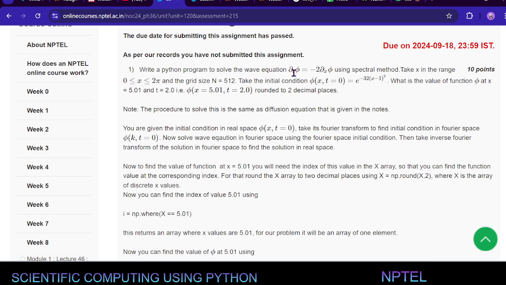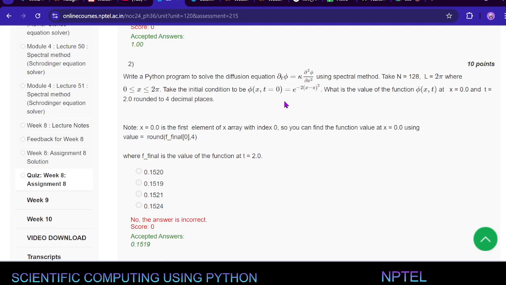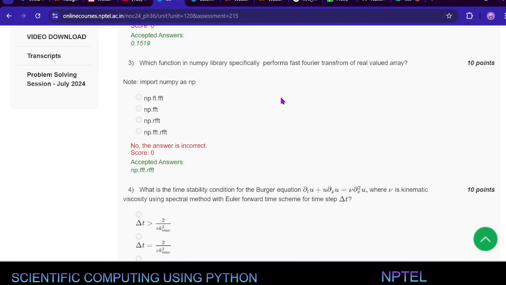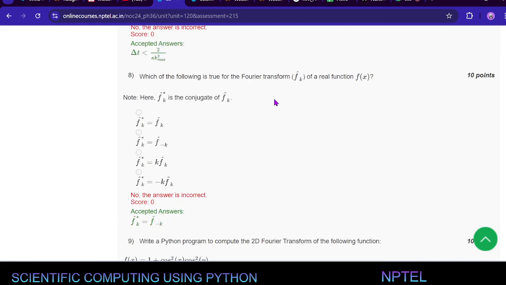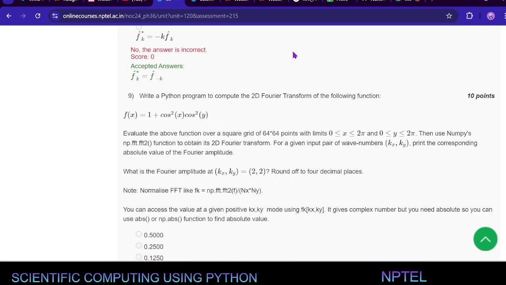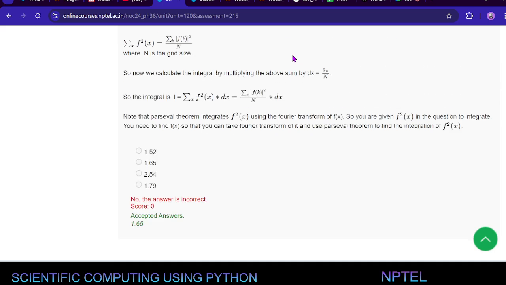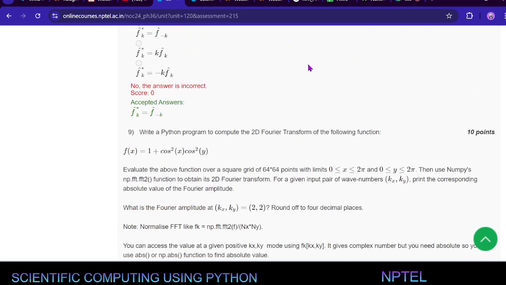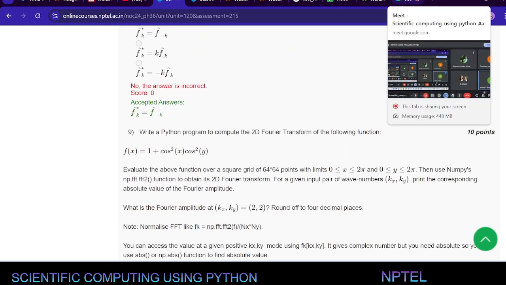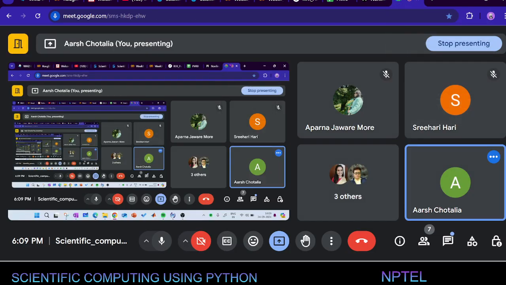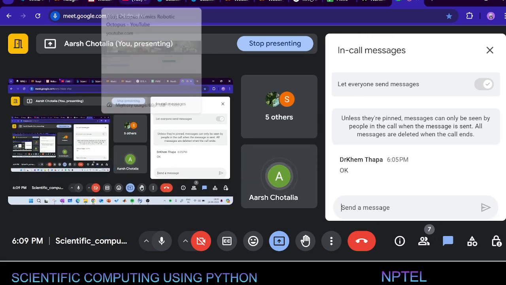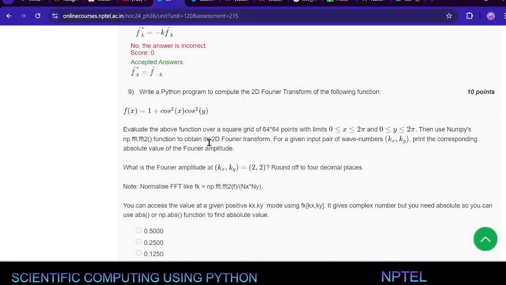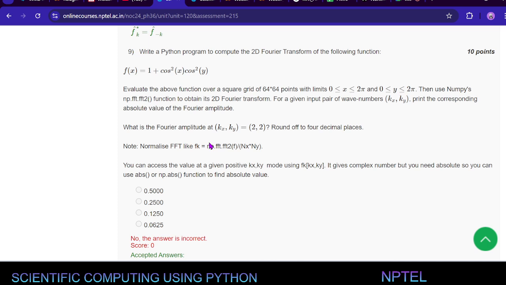There is one on the wave equation, one on diffusion equation, one on 2D Fourier transform, and one on Parseval's theorem. Which one was it? Ninth one. 2D Fourier transform.